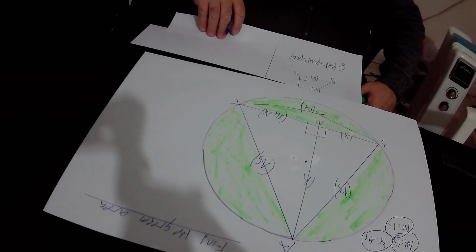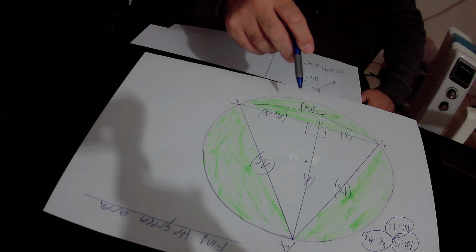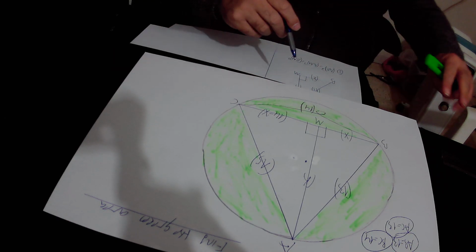In the next step, I will copy the right triangle AMC onto a new page, and we will implement the Pythagoras theorem on this triangle AMC.